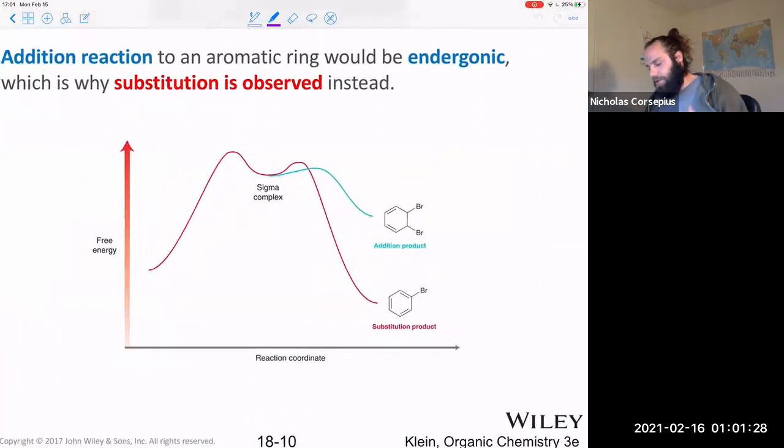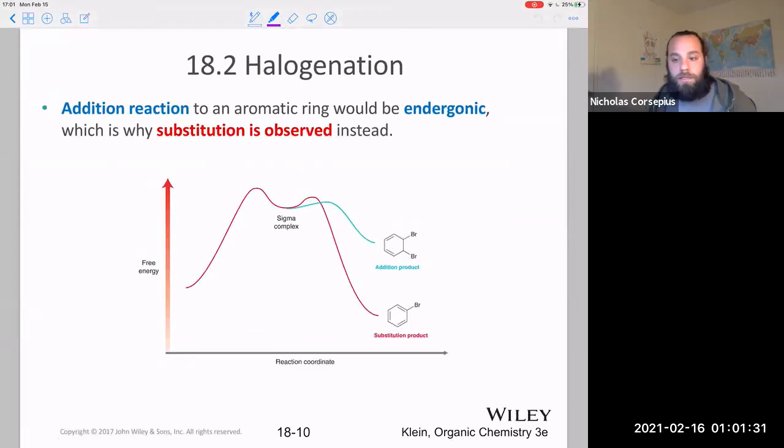And then, just to hammer it home, why is this a substitution reaction that we see instead of an addition reaction? Again, if it was an addition reaction, we would break our aromaticity, right? So this is non-aromatic, and this is now aromatic.